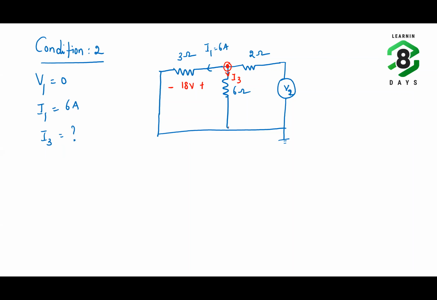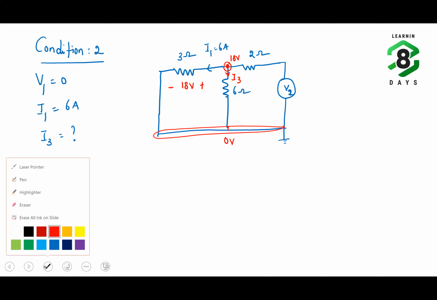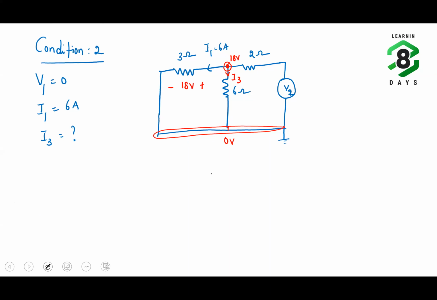So the same 18 volt will be across the 6 ohm resistor. So here also the potential of this point is 18 volt, and this is a common point where the potential is 0. Now if you compute the current through the 6 ohm resistor, this I3 will become 18 volts divided by 6 ohm, that is 3 ampere.